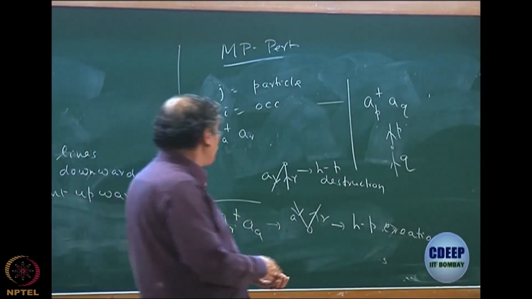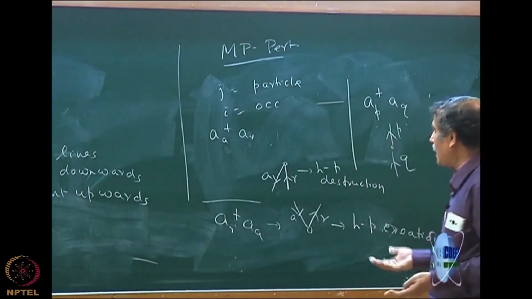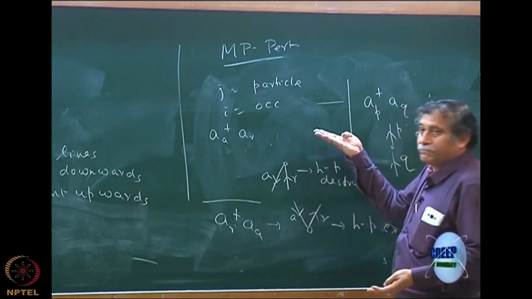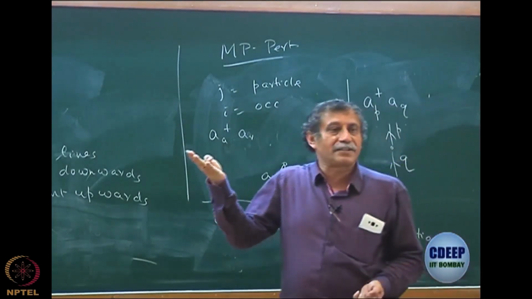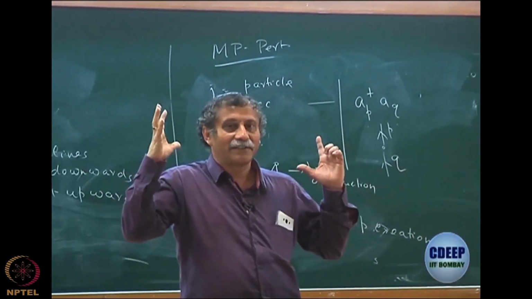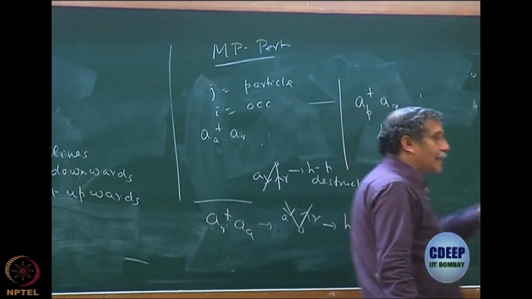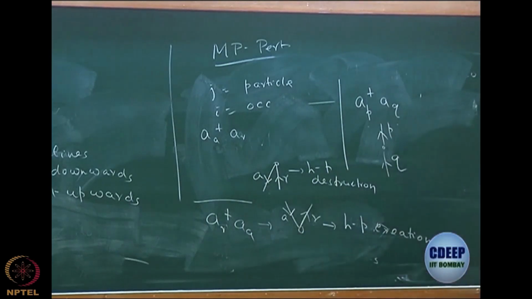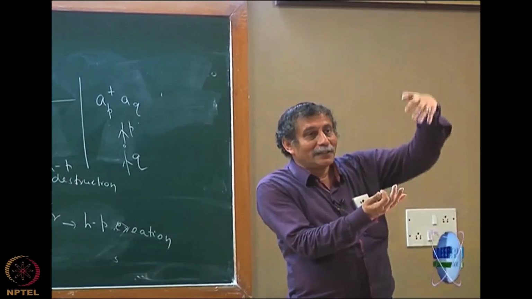In fact, later on you will realize for any operator, 1 or 2 particle operator, if I have all lines up, it is a hole particle creation operator. It is very easy to understand. Because if I have all lines up, it must have two lines coming from the top incoming, and they must be occupied orbitals. Okay?